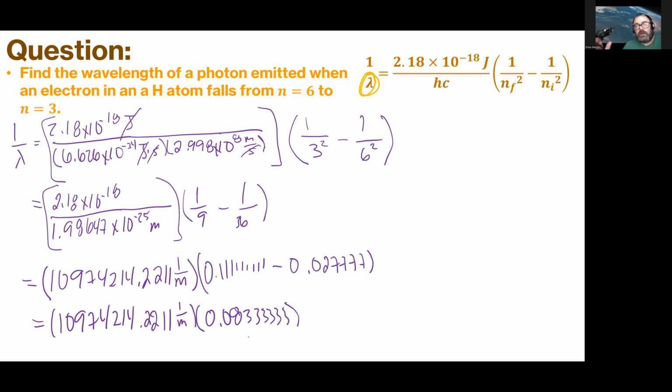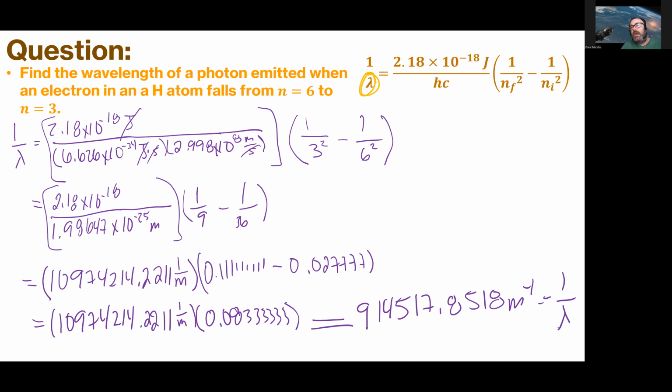We're going to multiply those together, and that number is 9145117.8518 inverse meters. Remember, this is 1 over lambda.